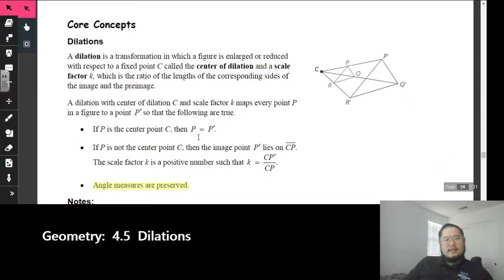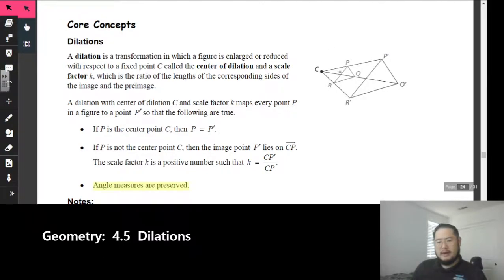So let's take a look at this dilation right here. Now, one of the things that you need to figure out first is, well, what is the image and pre-image? Okay, so if I look at this diagram, remember that when we have the letters P, Q, R, one set of letters has the apostrophe, the other one doesn't.